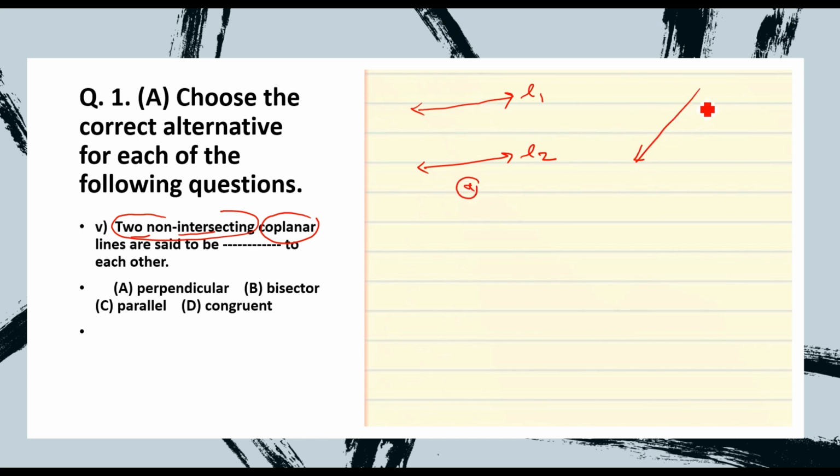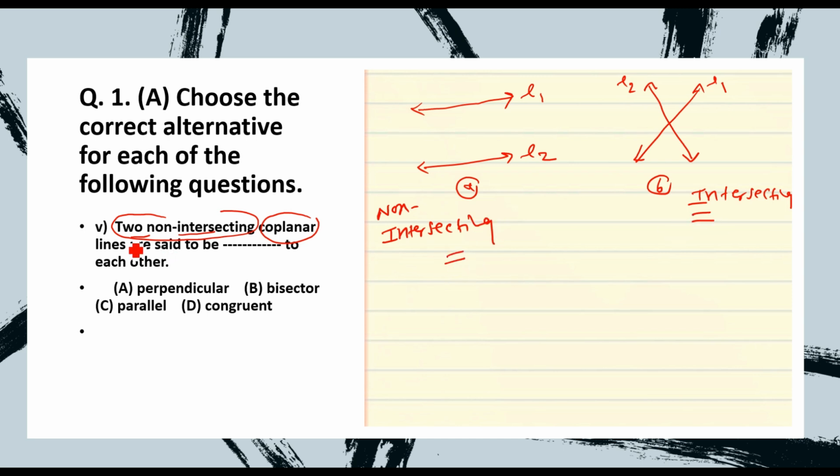But if I draw a line in the second case, case number 2, this is an intersecting line, while this is a non-intersecting line.